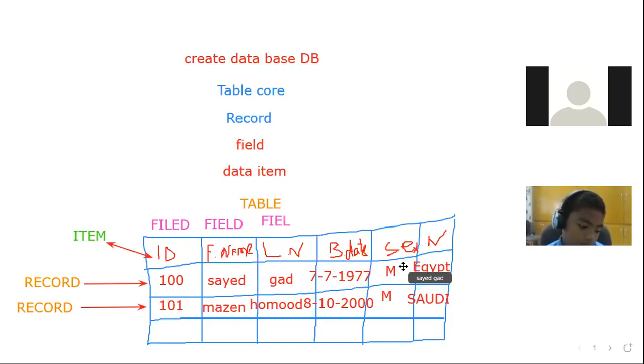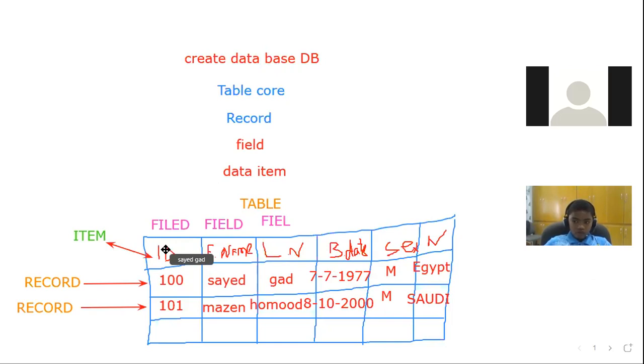So a database is a sum of tables. What is a table? A database table is where we save our data after organizing it. Each table has a header.